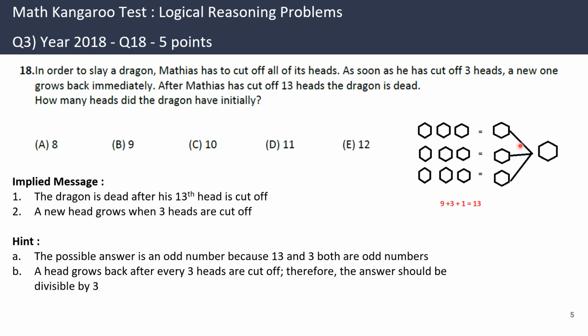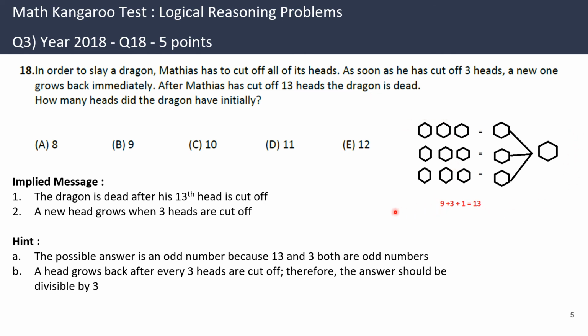Let's count this number. 9 heads which were originally available, 3 new heads which popped up because 3 heads were cut off, and a new head after cutting off these 3 heads. So if we add 9 plus 3 plus 1, it comes to 13, which is what the question is suggesting, that after the 13th head of the dragon was cut, the dragon is dead, and that's why there are no more new heads.